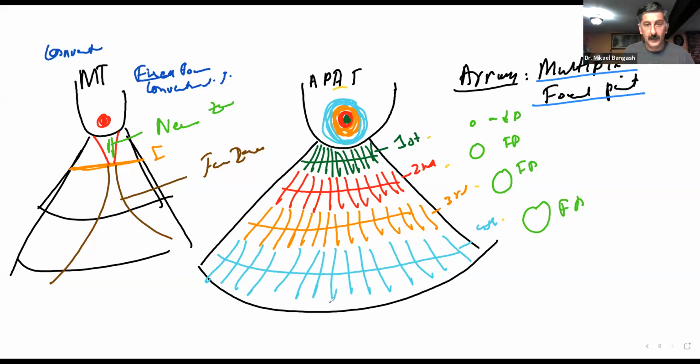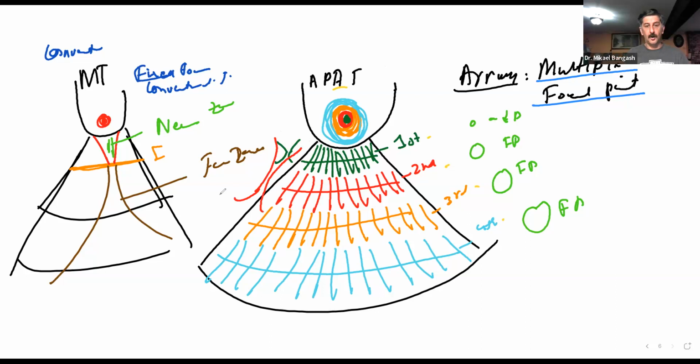So you can maybe say the green beam would be like this. The red beam would be like this.